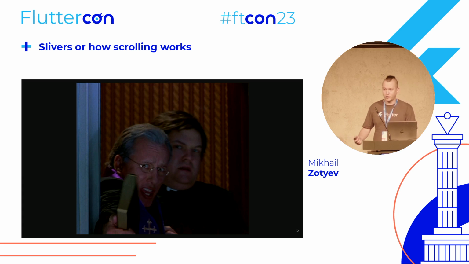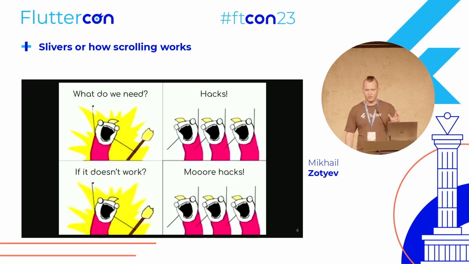Another option: we know that there are already some ready-to-use slivers for narrow cases, but maybe we can combine them together, right? Why not? But they are for special cases, and usually they don't want to work together as we want for our wow effect, right? So how to solve this?